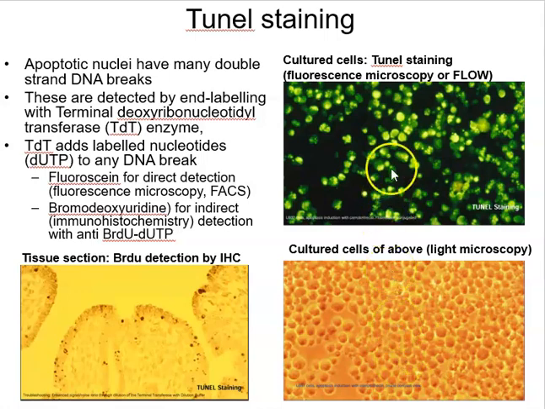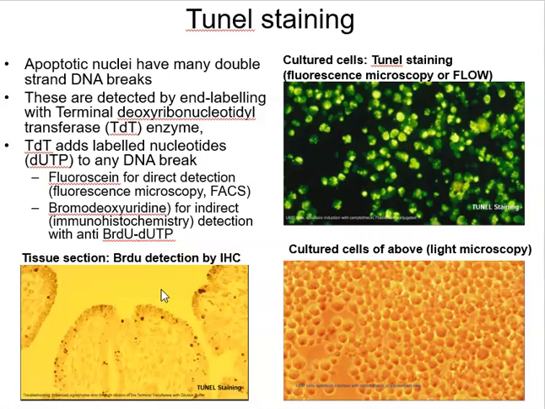This is bright field, this is fluorescence microscopy, and about half of the cells here, if you overlaid these two images, are fluorescent. Now you can perform fluorescence microscopy, or you can run them through flow cytometry to check the percentage of apoptosis.